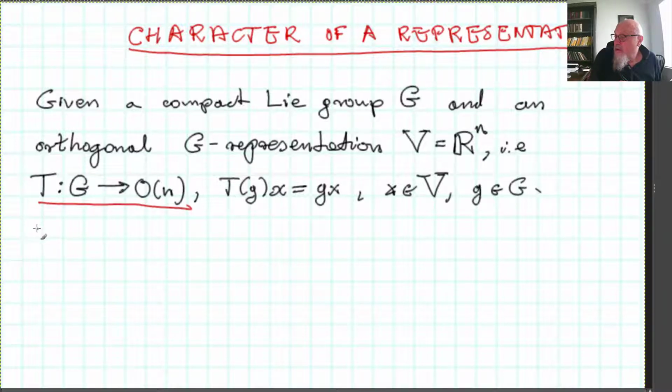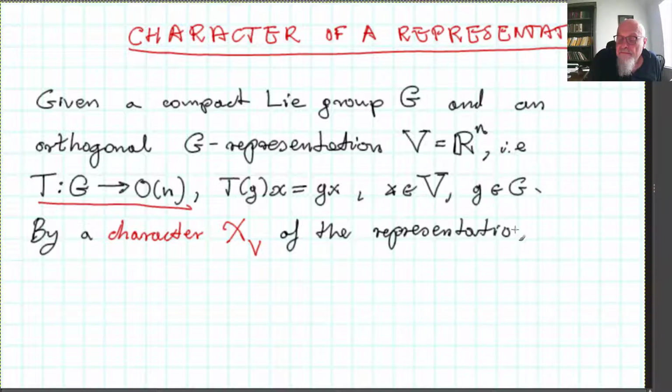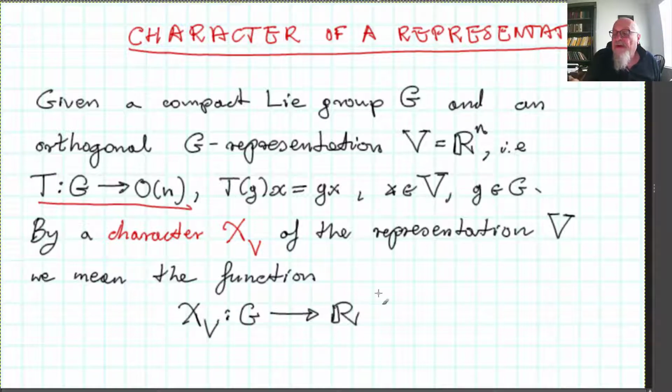So let's say by the character of the representation V we mean the function, and this will be χ_V, defined on G, and it takes real values.